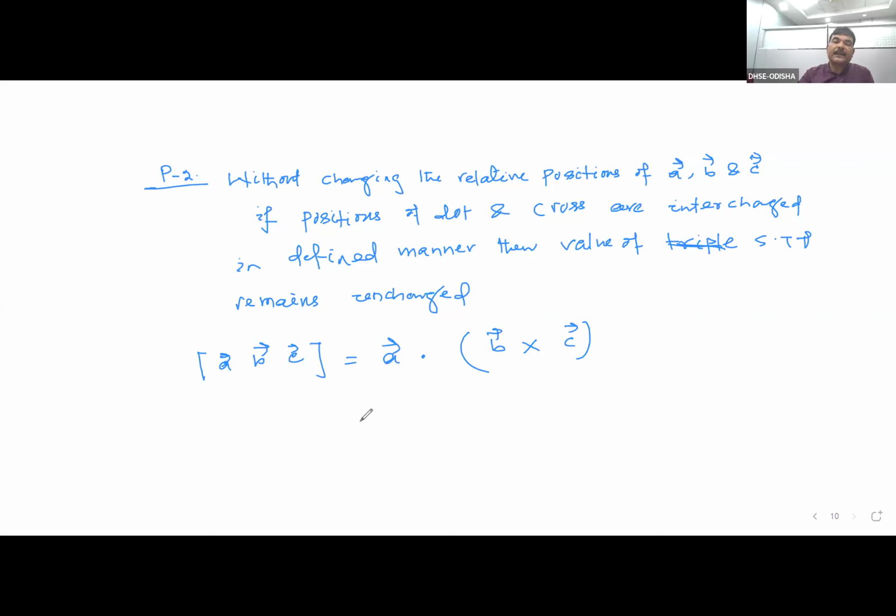So we can write it as A cross B dot C, which is equal to, since dot product is commutative, C dot A cross B. This is nothing but box product CAB. Already in the first property we have proved that box product ABC is equal to box product BCA is equal to box product CAB. This is nothing but a corollary of property 1. Then come to property number 3.